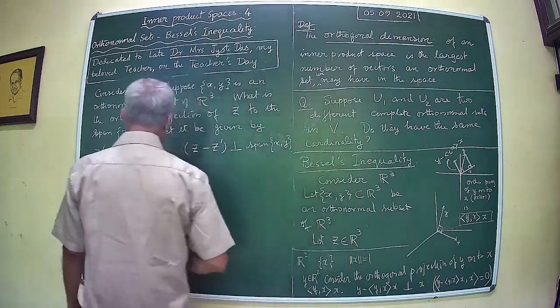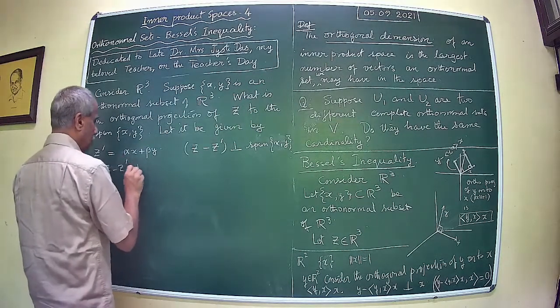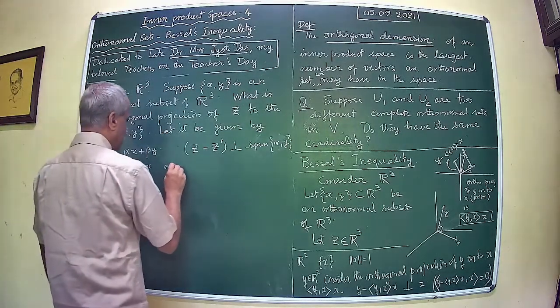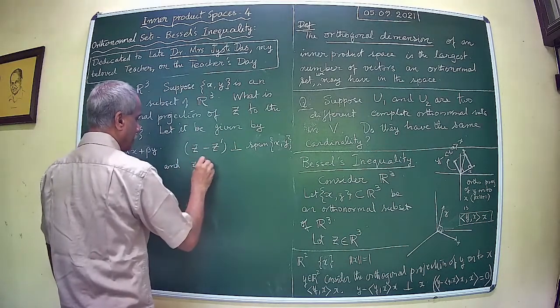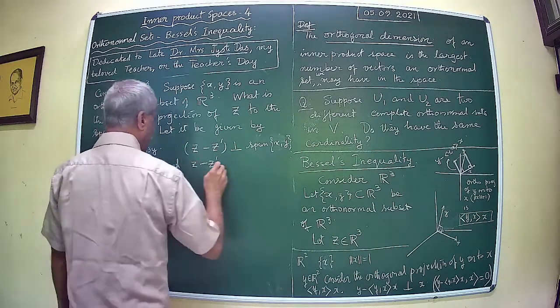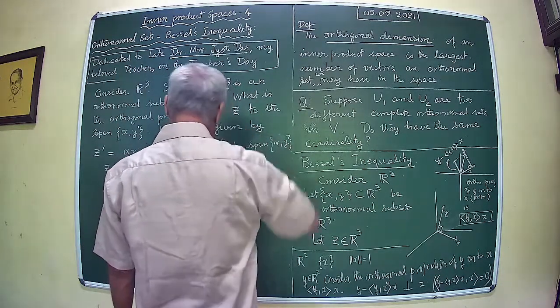This means z minus z prime is orthogonal to x and y.